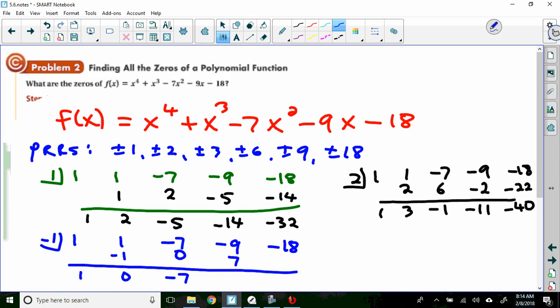That's -2. And that's 2, and that's -16. Well, 1, 0, -7. Well, nothing alternates. They're not all positive. That didn't help, did it?